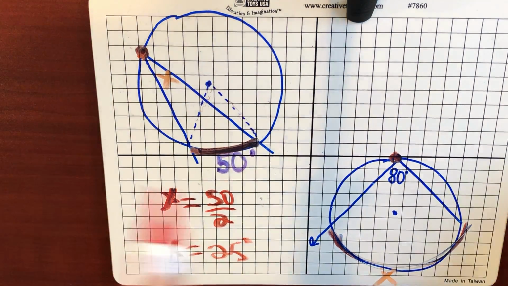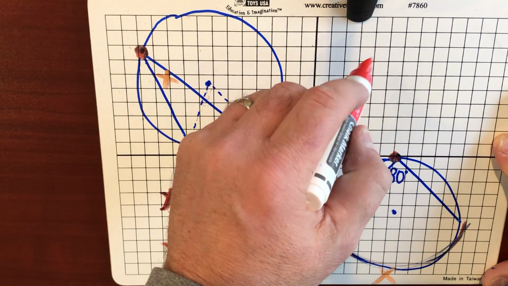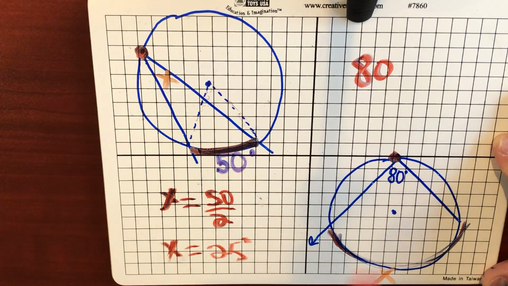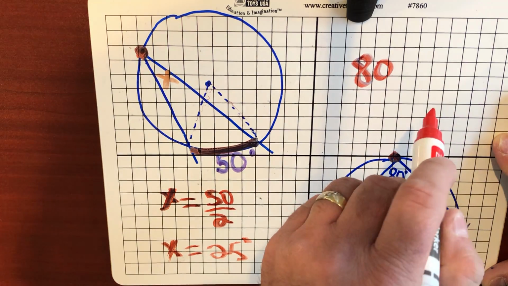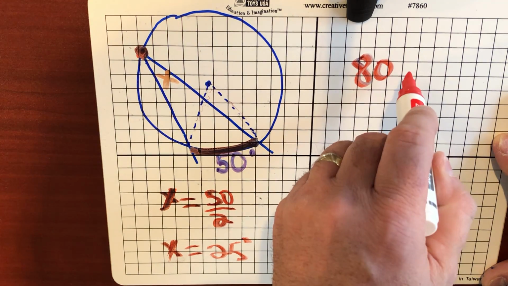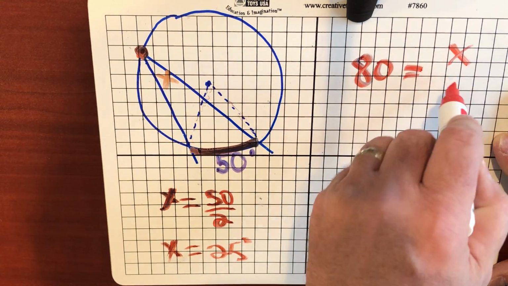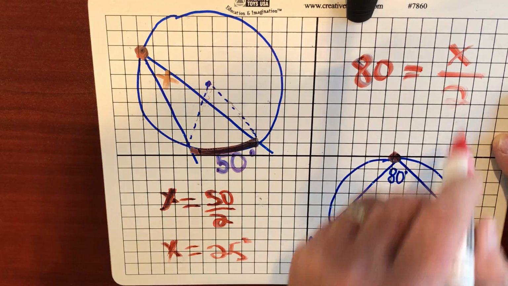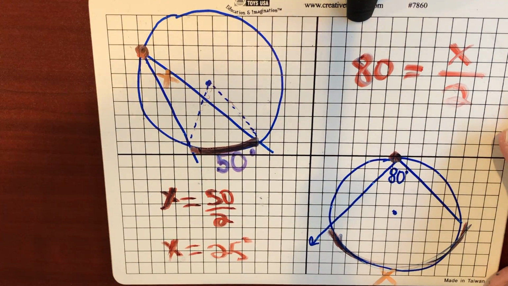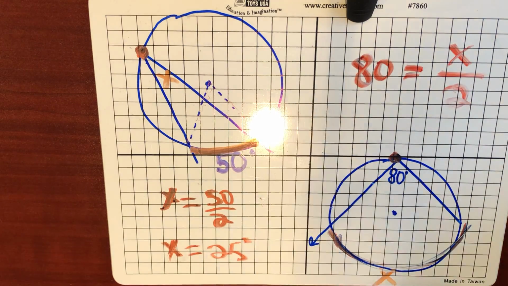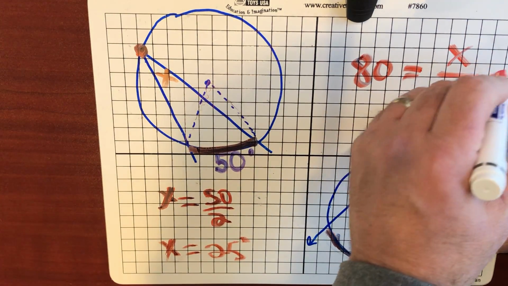So the angle, 80, is equal to the arc measure, which I don't know, divided by 2. That's how I would set that up to ultimately solve. And then in finalizing that to solve for x, I would multiply both sides by 2.